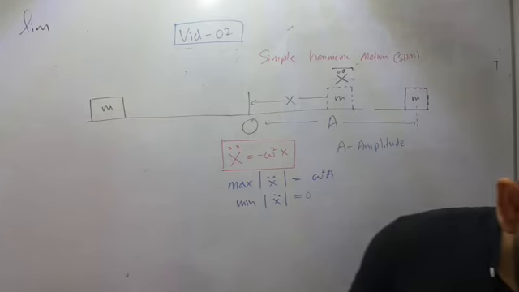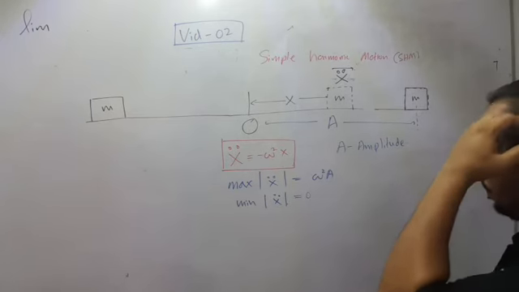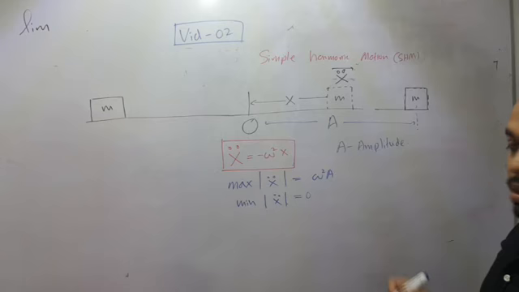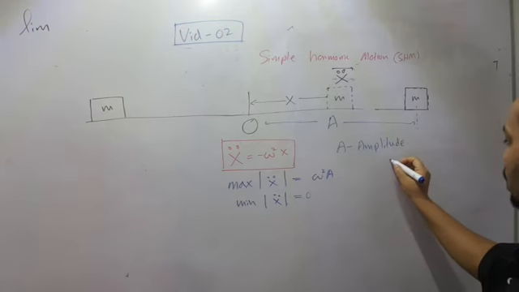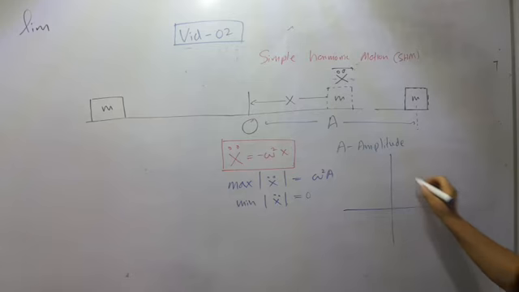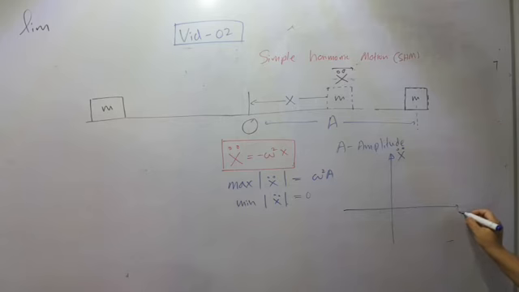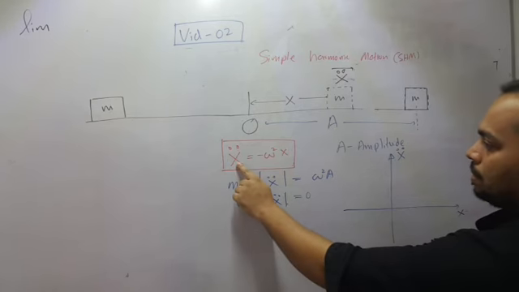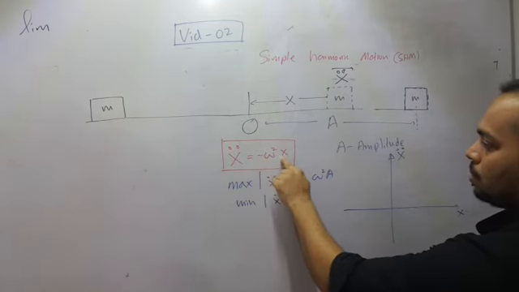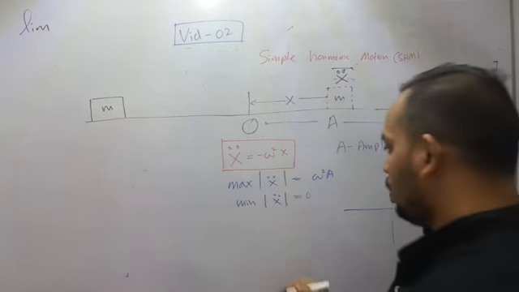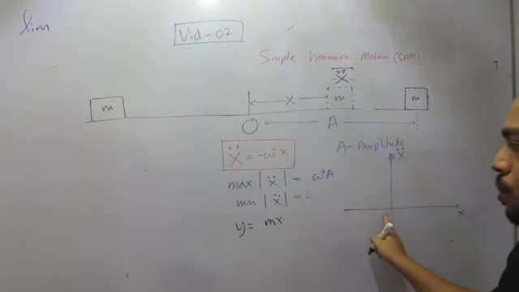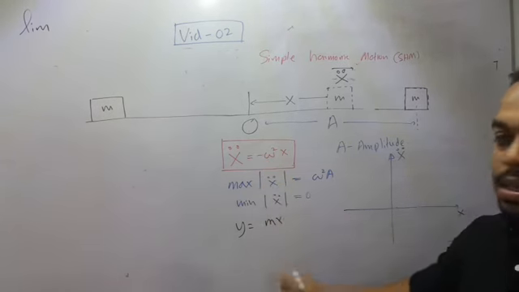Now we can sketch a graph with acceleration on the y-axis and the displacement x on the x-axis. So what would the graph be? x double dot equals minus omega squared x. This looks like y equals mx, a straight line through the origin, but the gradient is negative in this case.